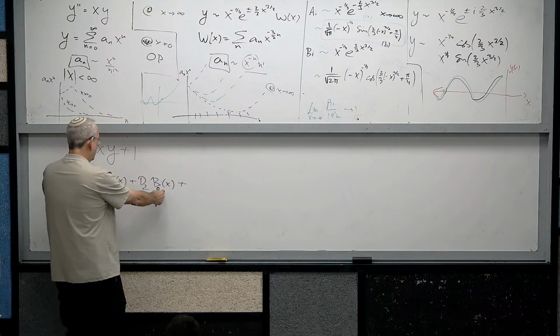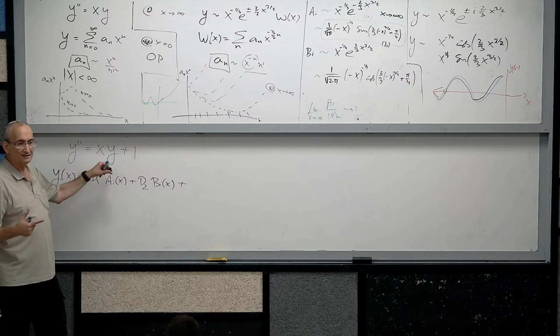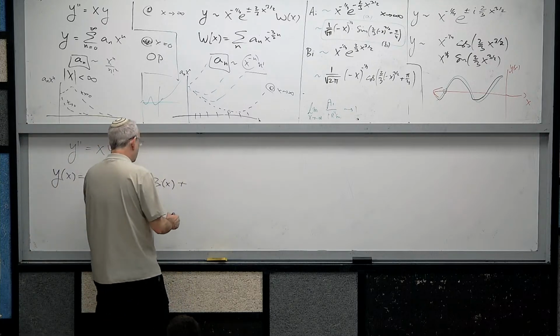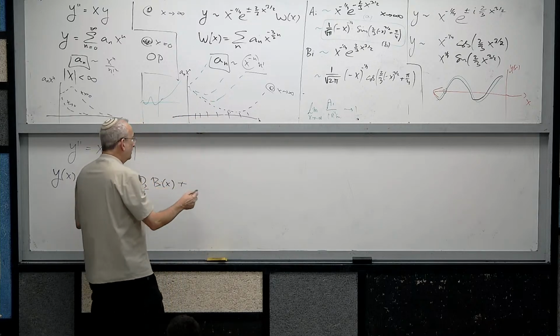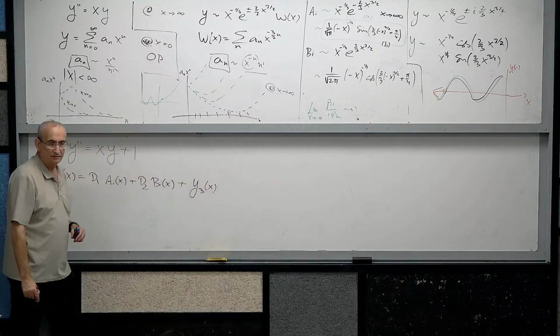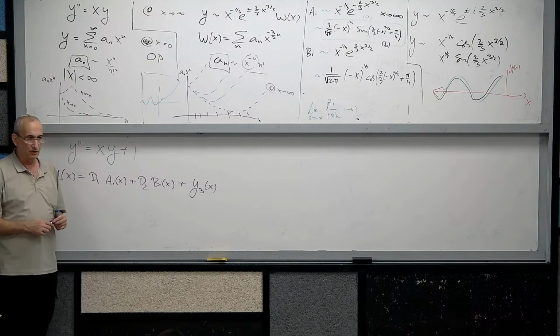Because I can always add solutions of the homogeneous equation without affecting the solution of the inhomogeneous. So we know the Airy and the Bairy, or at least the asymptotic behavior now, and now we want the special solution. Let's call it, I don't know, y3 of x. Okay? The special solution of the inhomogeneous equation.